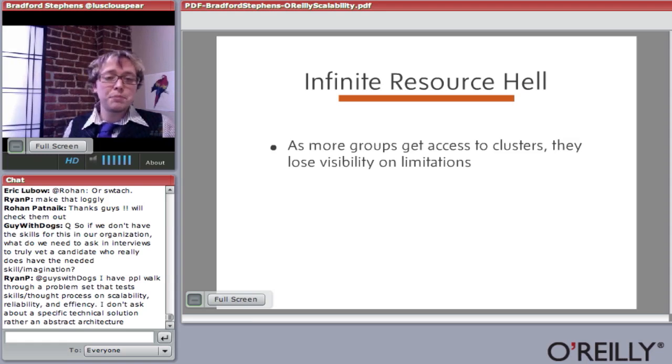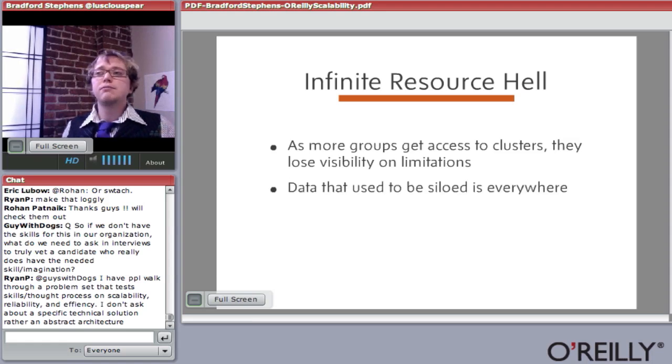But as more and more people learn these tools to access this data, more and more jobs are taking more time, and you lose visibility because one organization isn't responsible for all their data anymore.